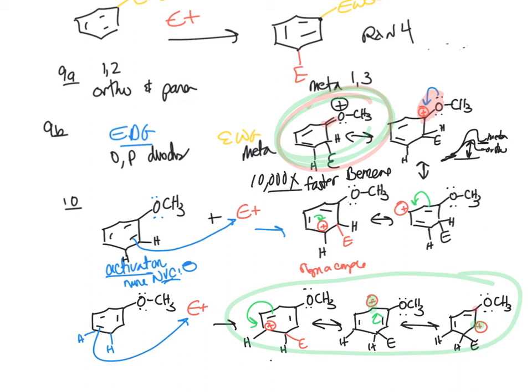Okay, for F, would you expect there to be a major difference in energy between the sigma complex for the ortho complex as compared to the para? And no, there wouldn't be.